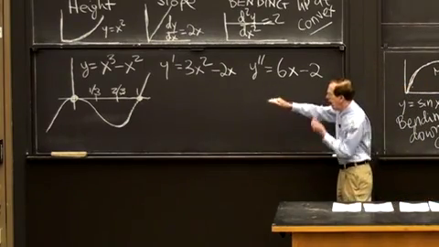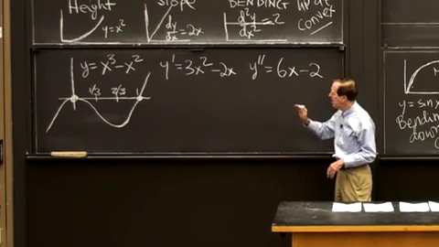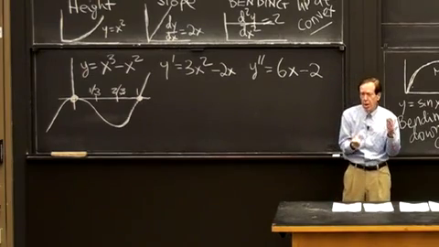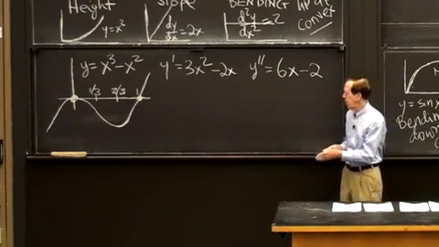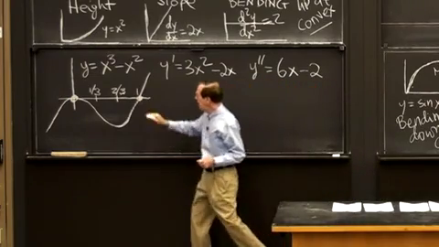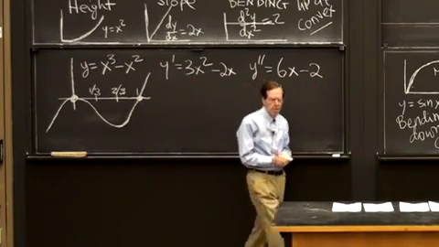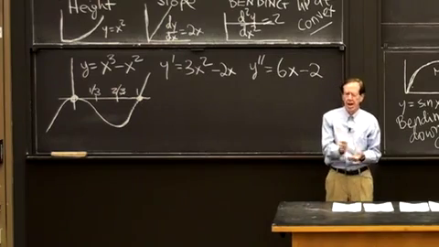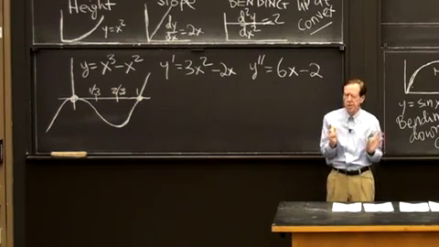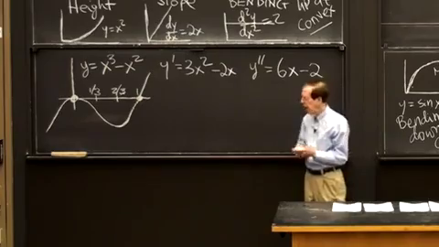Okay, now somehow those derivatives, those formulas for y prime, y double prime, should tell me details about this graph. And the first thing I'm interested in, and the most important thing, is max and min.